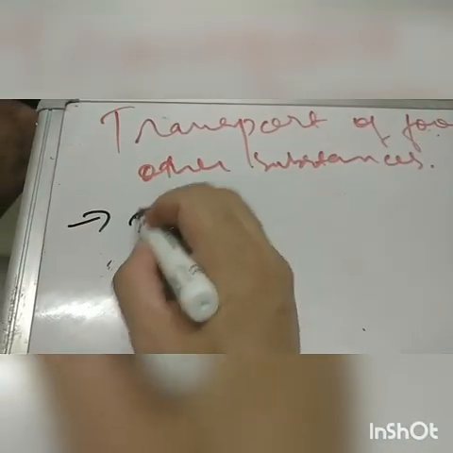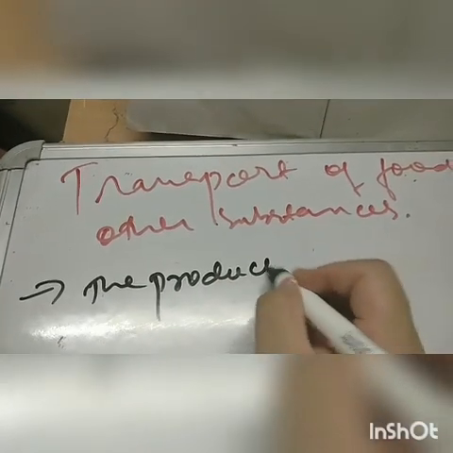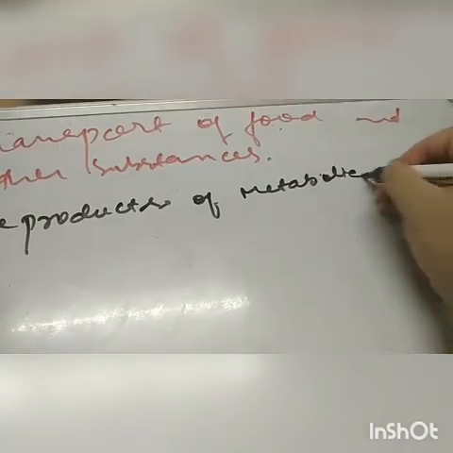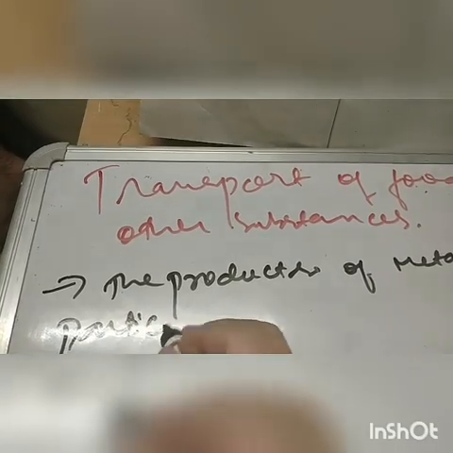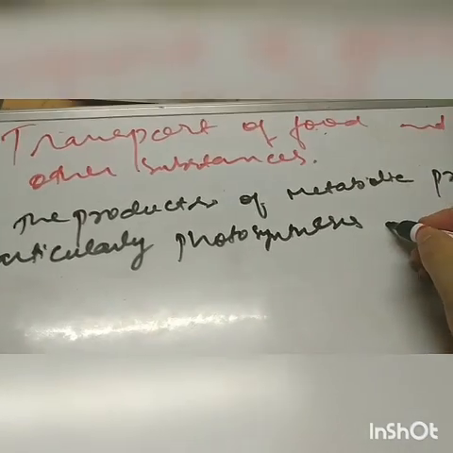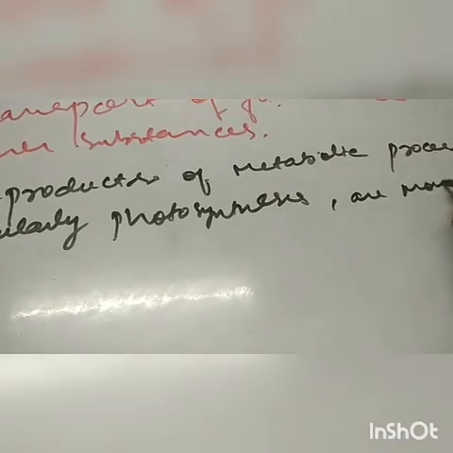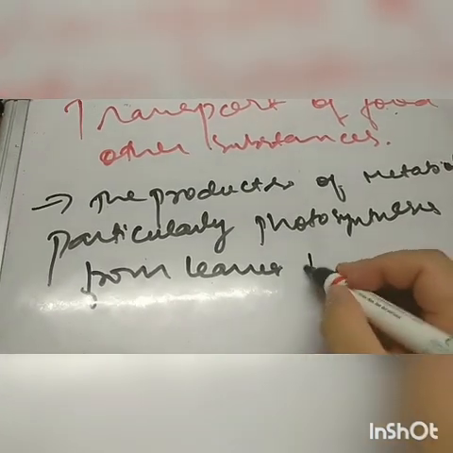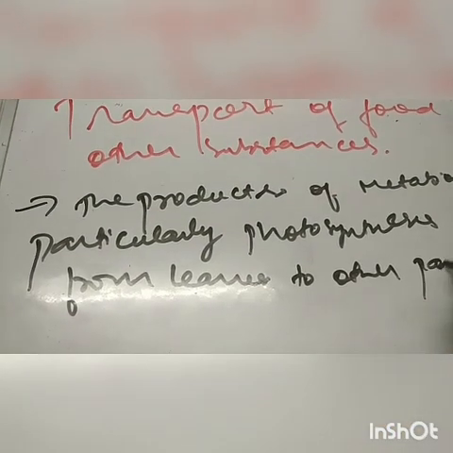So point number one is the products of metabolic process, particularly photosynthesis, are moved from leaves to other parts of the plant.